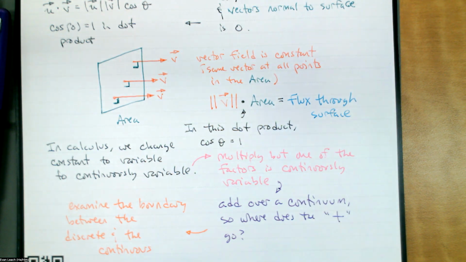Integration is addition over a continuum. So where do we put the plus? And that's the weird question. Where does this discrete sum, where we have places to put plus, go? How do we make that into a continuum where there is nowhere to put the plus? There is no in between.